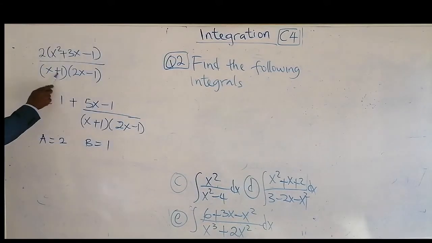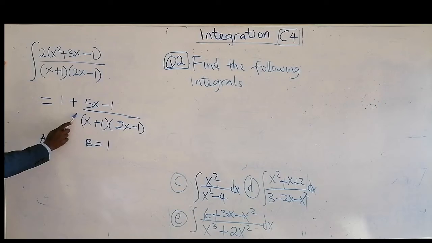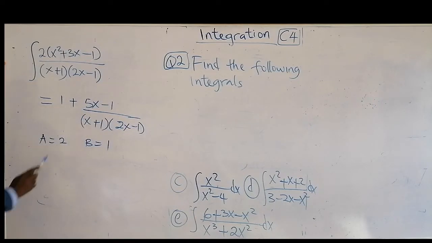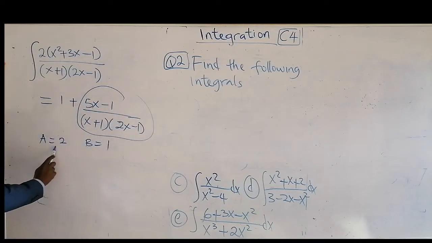For the a part of this question, for the integral of this, we've done this. When we use a long division, we have this. Then when we solve the proper fraction, we have A equal to 2 and B equal to 1.